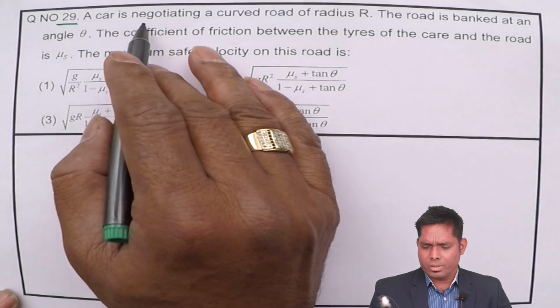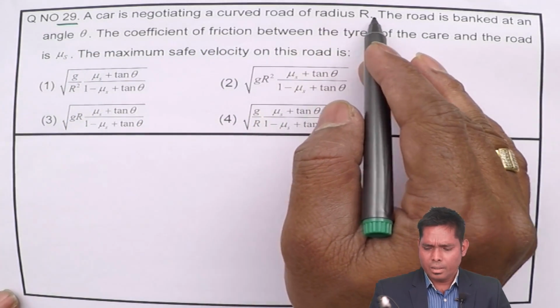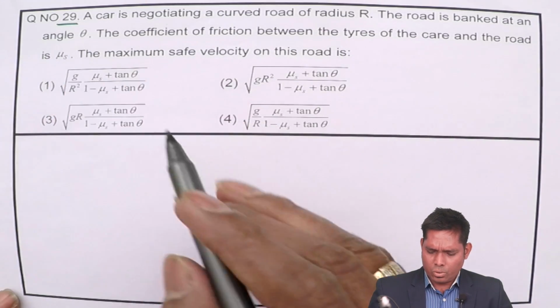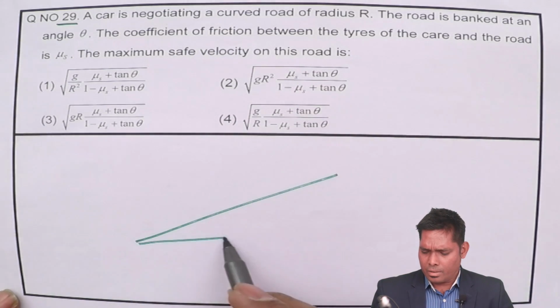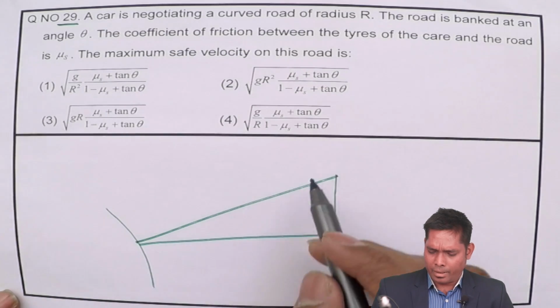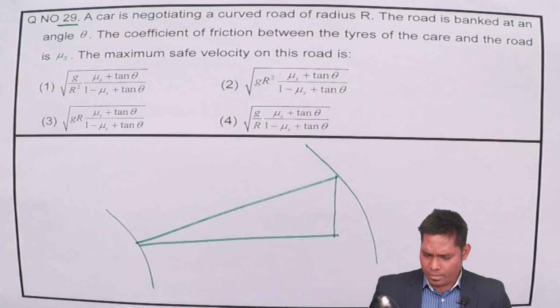A car is negotiating a curved road of radius r. The road is banked at an angle theta. So it is a case of angle of banking. This is the banked road, a curved banked road, and a car is there.